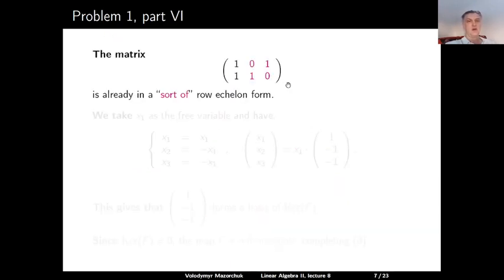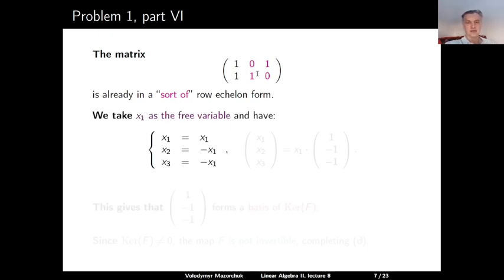And here we can note that this matrix is in a sort of row echelon form if we interpret row echelon form quite freely. So we have here something which is, up to permutation of columns, an identity matrix. So our leading elements are this element in row 1 and this element in row 2.